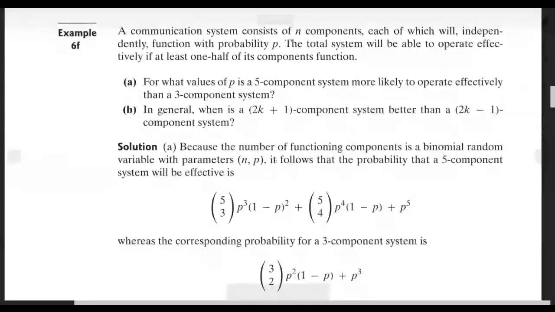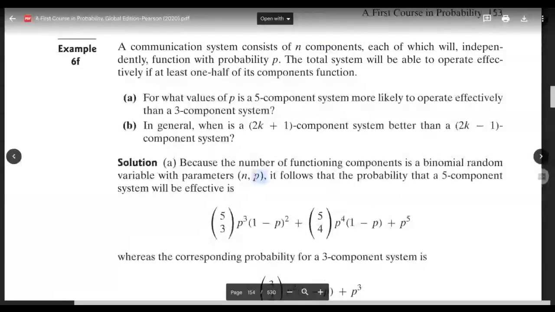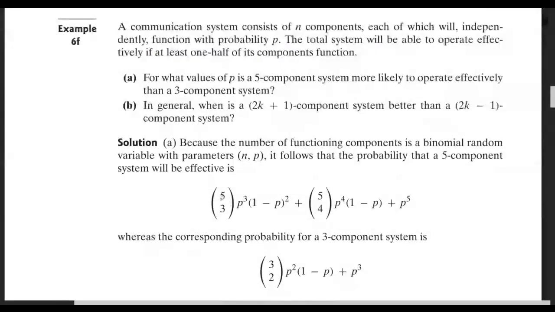For A, because the number of functioning components is a binomial random variable with parameters n components and functioning probability p, it follows that the probability that a 5-component system will be effective is 5 choose 3, right?